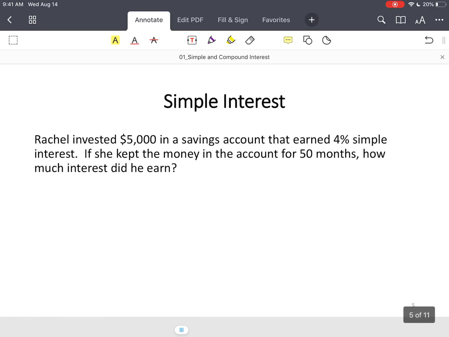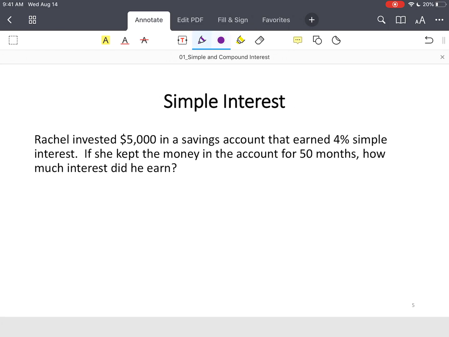All right, so this next example. Rachel, in this case, now notice the first two examples, Craig borrowed money, Terry borrowed money. In this case, Rachel is investing $5,000 in a savings account that earned 4% interest. If she kept the money in the account for 50 months, how much interest did she earn?